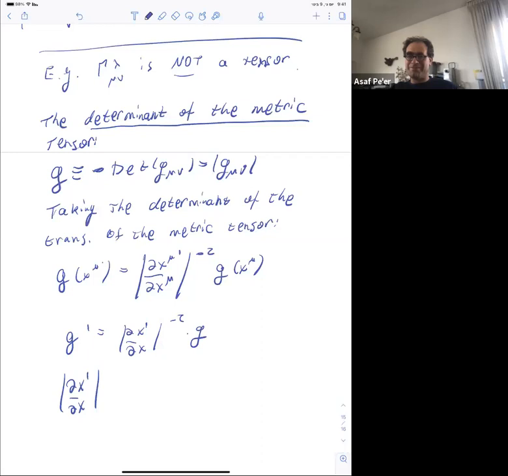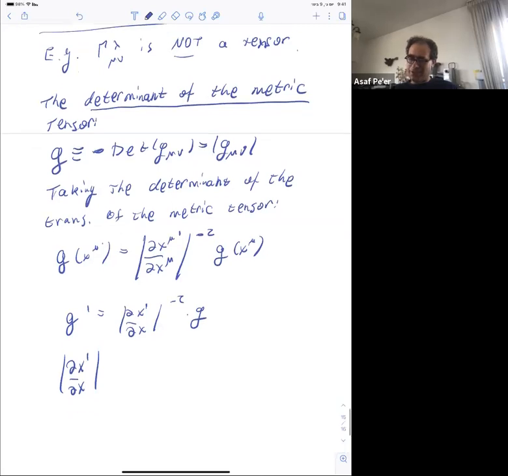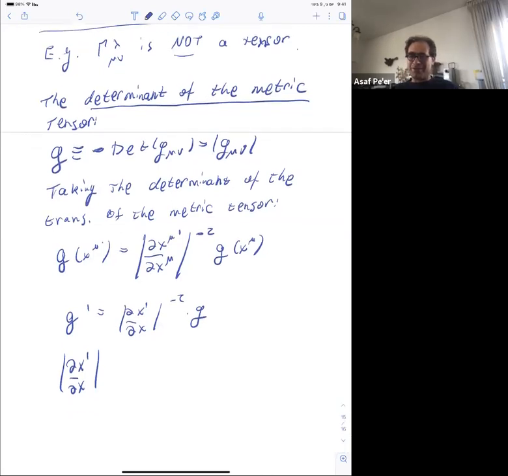No? That's called the Jacobian of the transformation. I see somebody got their faces. You know what a Jacobian is, right? Yeah, you just didn't realize that it's actually useful for something. Well, it actually is useful. This is the Jacobian of the transformation from x to x prime.